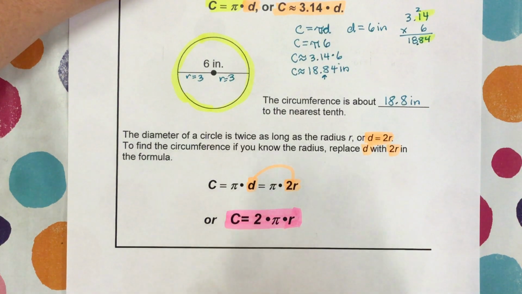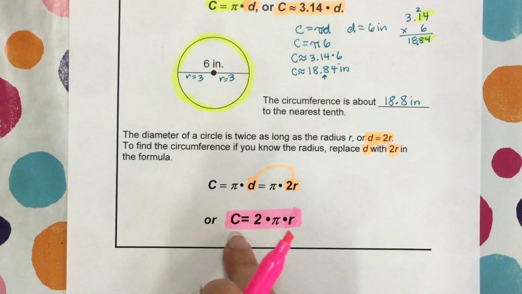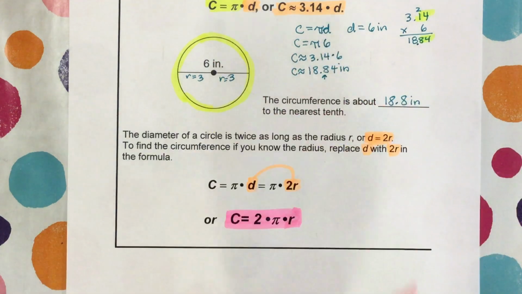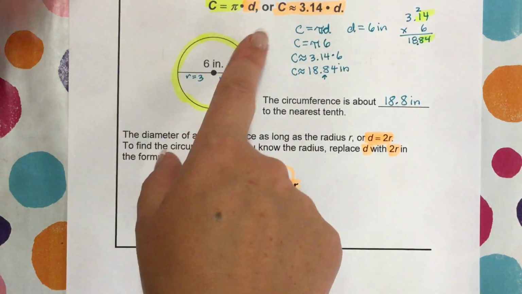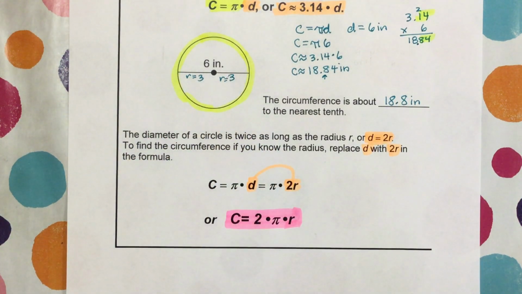So whenever you have a radius in your circle, you're going to use this formula, circumference equals 2 pi r, which is the same thing as circumference equals pi d up here. It's just that the diameter is the same thing as 2r. So there we go. Let's go ahead and look at some problems.